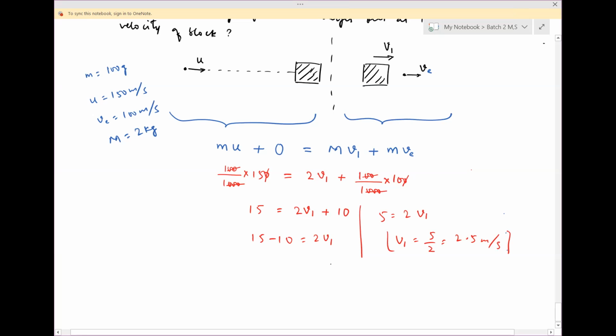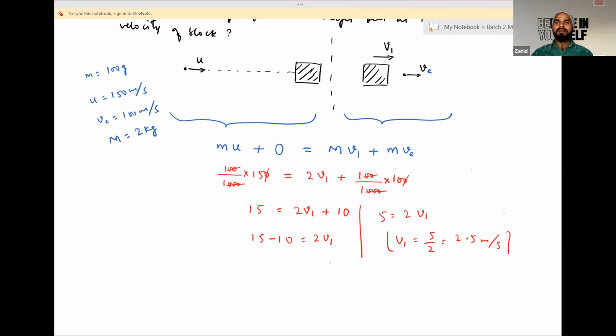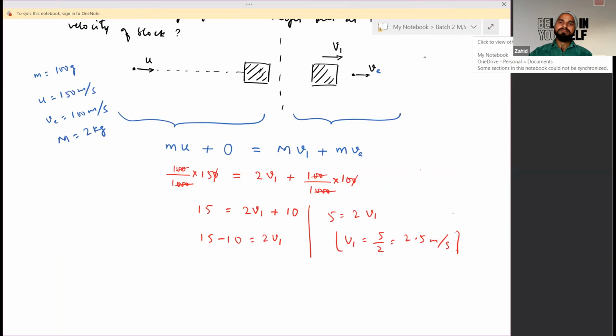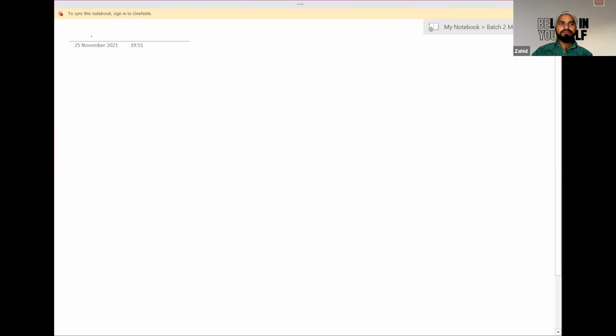So this is how we approach conservation of linear momentum and try to solve different problems. Next is concurrent forces. So first, what do you mean by concurrent?